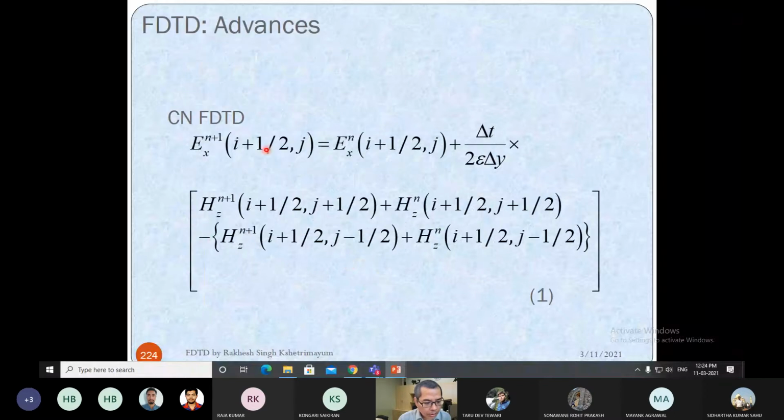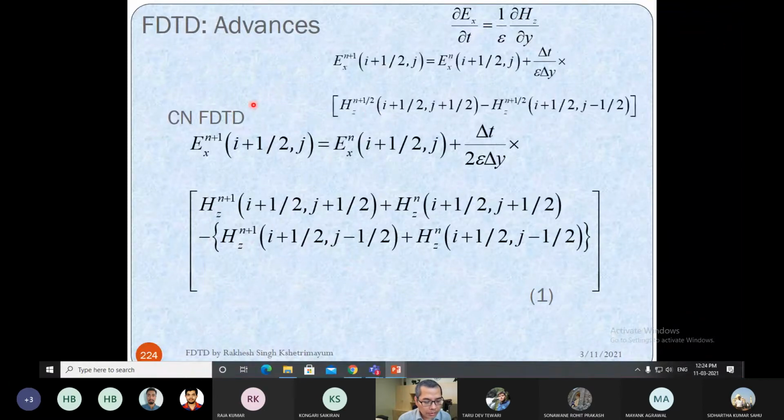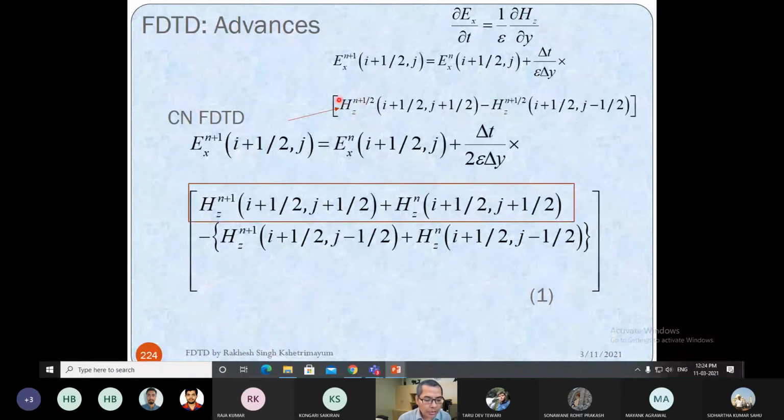Okay, this is the equation we want to solve using FDTD, and the conventional FDTD has this. And we have this term here, Hz at n plus 1. If we want to apply CN FDTD, which is the unconditionally stable FDTD, then we normalize Hz at n plus 1 and Hz at n. That means we take the average of Hz at n plus 1 and Hz at n.